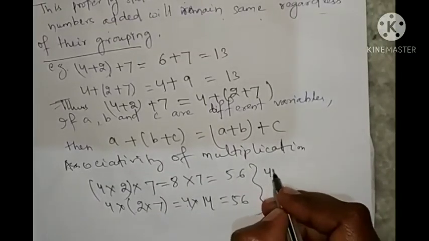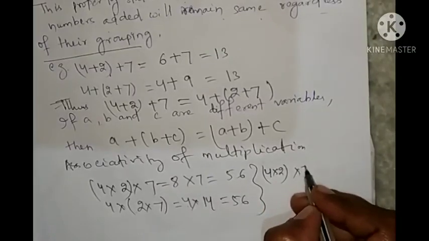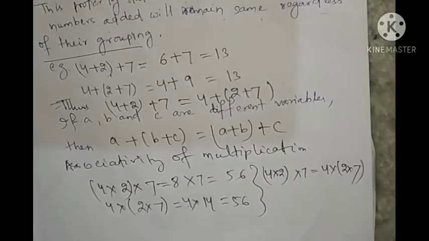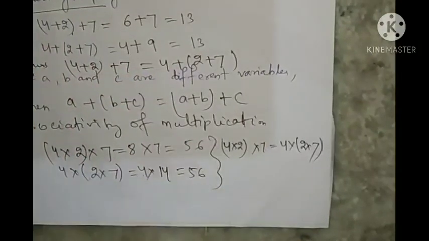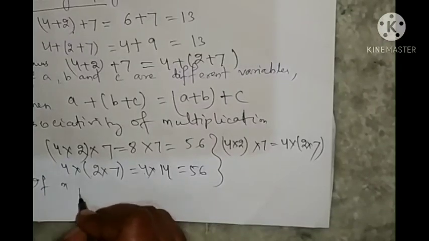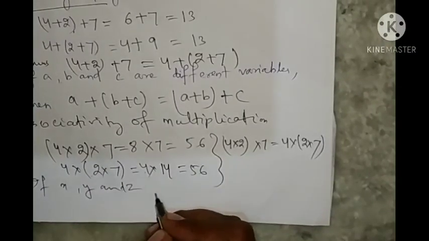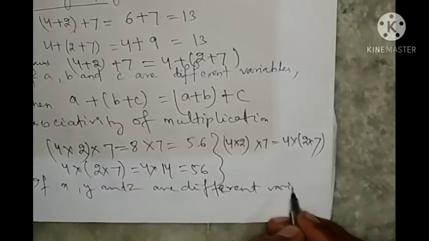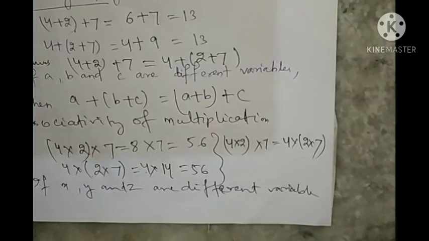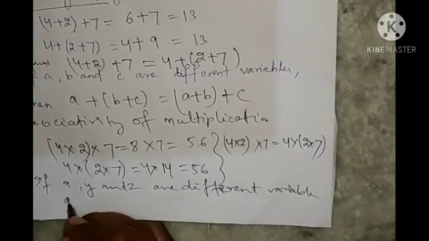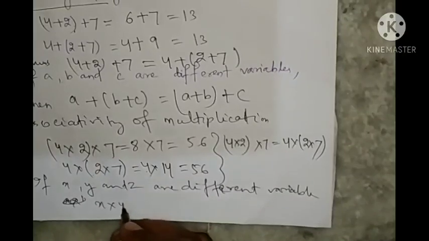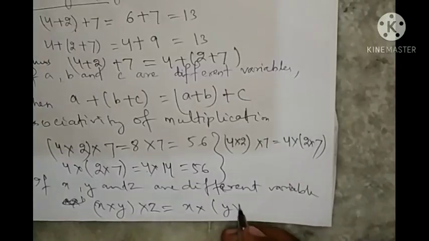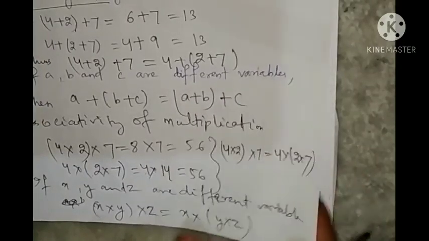Means 4 into 2 whole into 7 is equal to 4 into whole 2 into 7. Okay, so if x, y and z are different variables, we take three different variables. So in associativity of multiplication, we write that x into y whole into z equal to x into whole y into z. Okay.